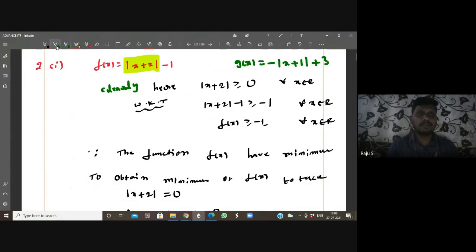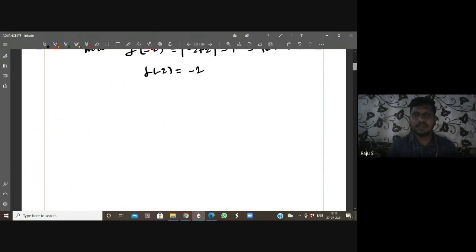In this case, what shall we do here? Clearly, I'll write the steps. So g of x is equal to minus modulus of x plus 1, plus 3.